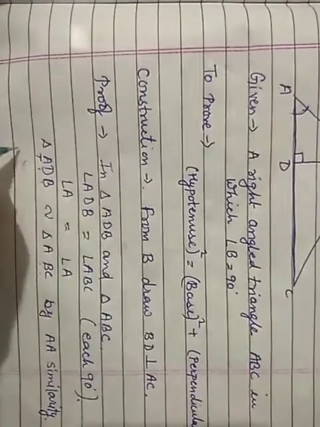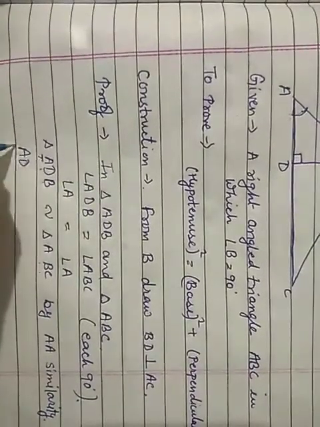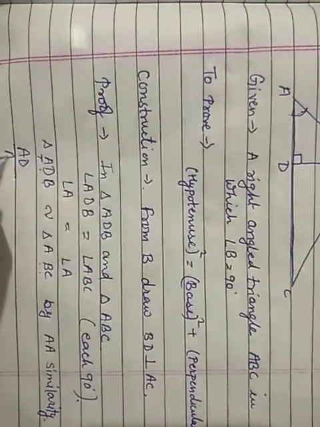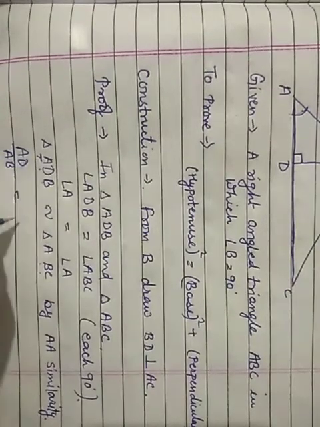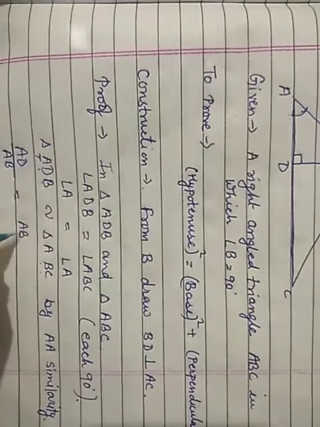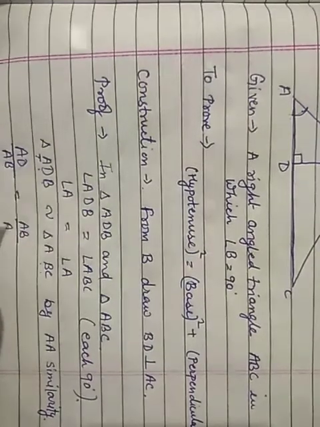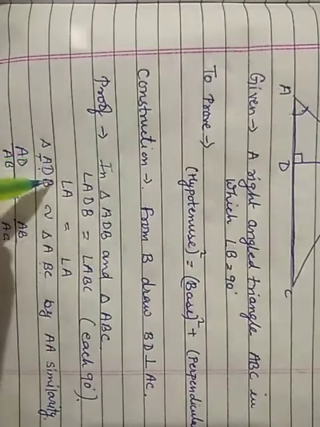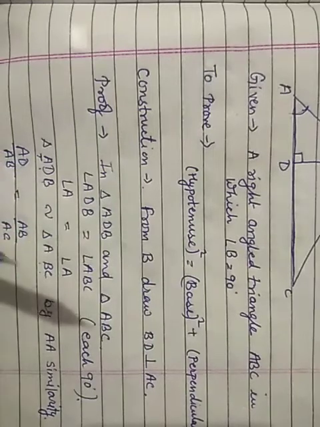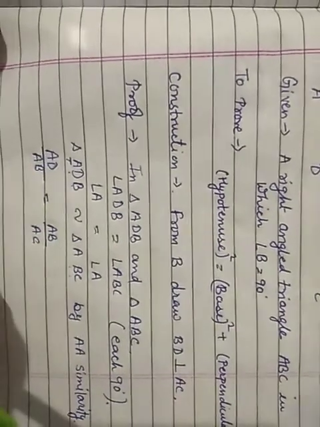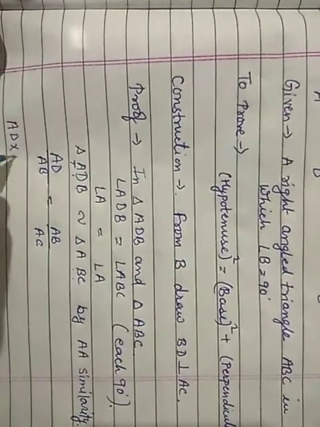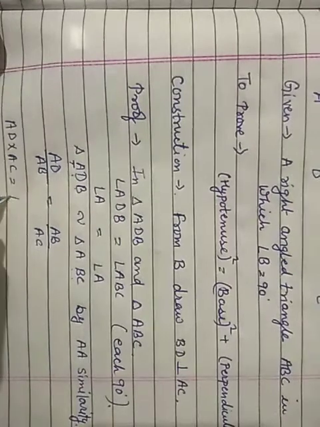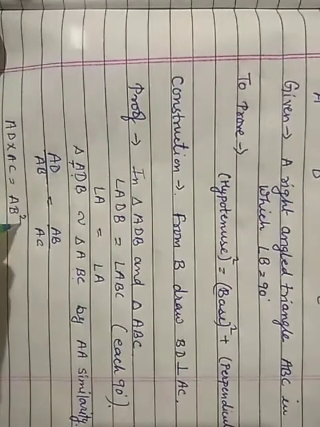So AD by AB, these two first we are taking, then AB by AC. Now you can cross multiply this, so we'll get AD into AC is equal to AB square. This is equation 1.